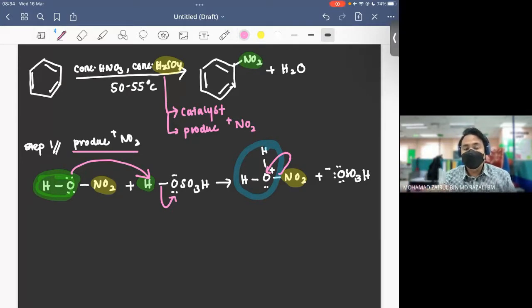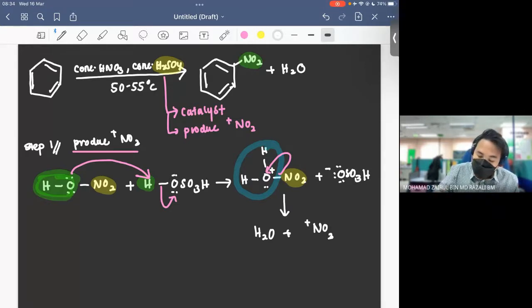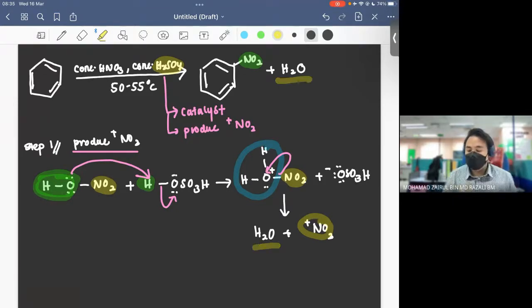Macam sebelum keluar, bayar dulu. Dia bayar dengan menggunakan elektron. So kita hasilkan water dengan NO2+. So dah adalah electrophile kita. Ini kita punya electrophile. Dan awak tengok byproduct kita water. This one. Okay, boleh tak ni?